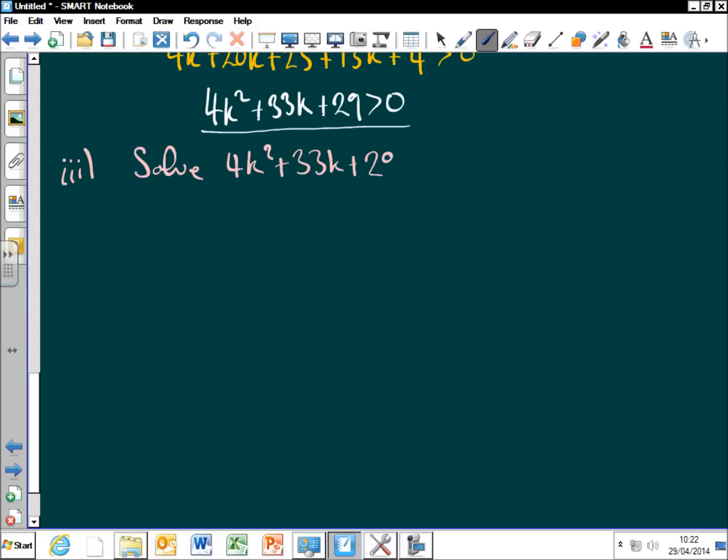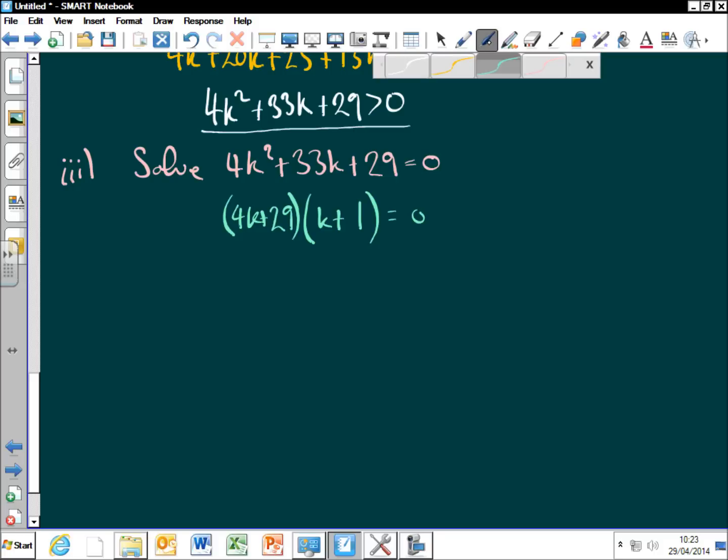We're going to solve that when it's equal to 0, and that will tell us when it's equal to 0, and then we can think about when it's greater than 0. Okay, so let's see if it factorizes. It looks like it does. It's not an easy one, but let's just try it. I think this might be 4k and k, and is this 1 and 29? Let's just check that. 4k squared, yeah, 20 and plus 4, yeah, okay, that seems to work.